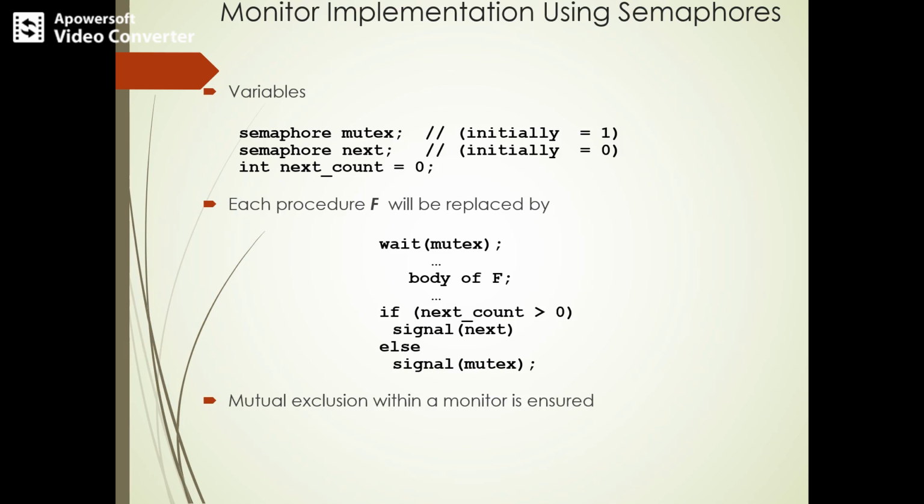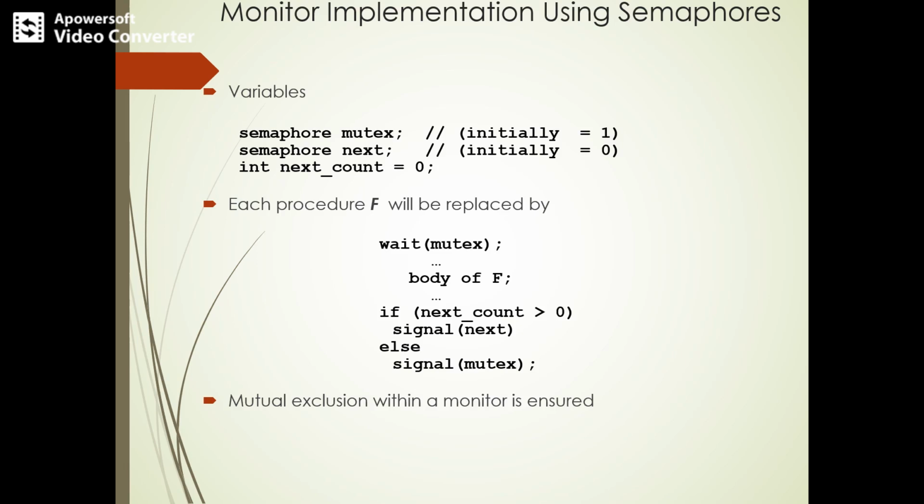So this is the procedure f, which will be replaced by this particular code. Wait of mutex and signal of mutex are the entry and exit points, and in between we have the procedure f. The next_count tells us the count of the number of processes suspended on next.